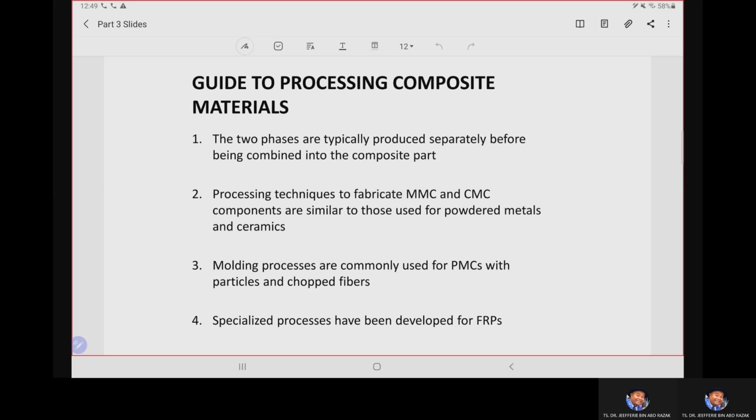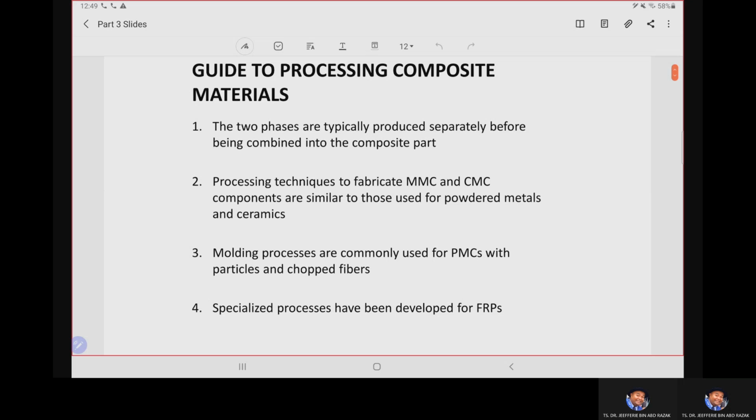Then we compress them and proceed to sintering for solidification. More simple and commercially applied in industry is the polymer matrix composite, PMC, making, which employs a molding process that combines the polymer matrix and dispersed phase with the help of a molding method.